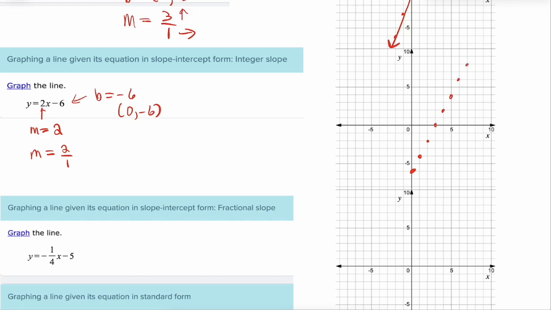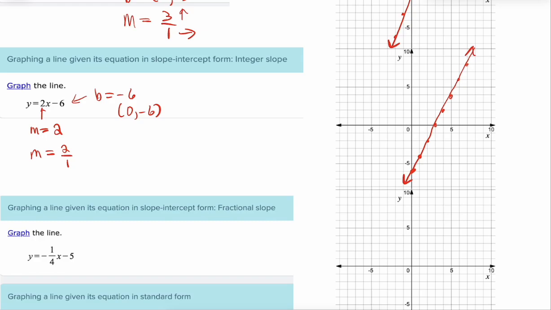So it should really stretch across your graph paper. And that's not super important now, but if you do take a calculus class and we are needing to know where some graphs might intersect or something like that, you always want to stretch out that line. And so that is our line, y equals 2x minus 6.